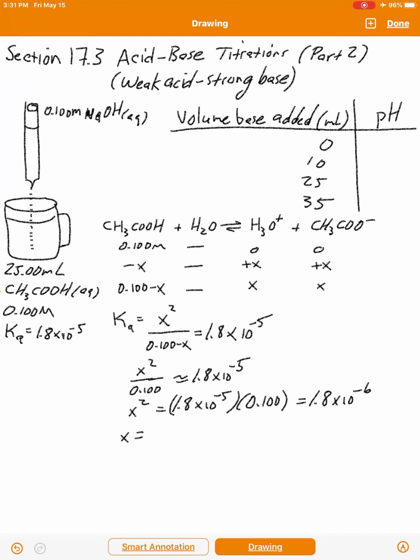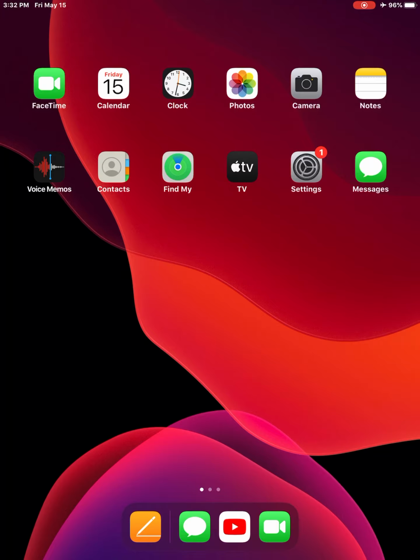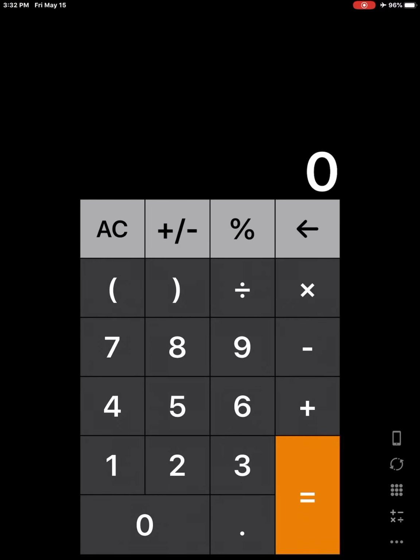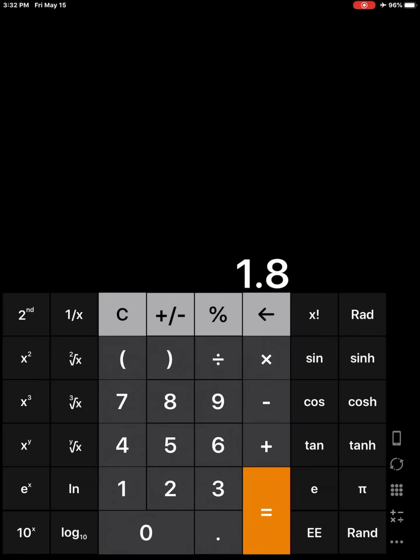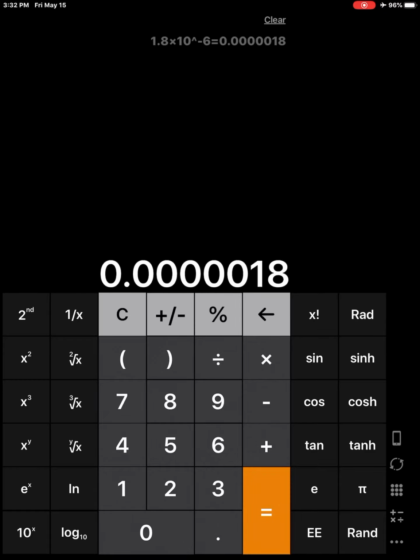X would be the square root of that, which is 1.34 times 10 to the minus 3.